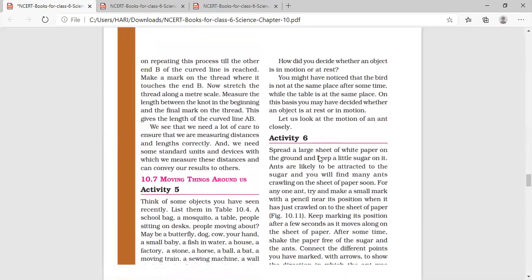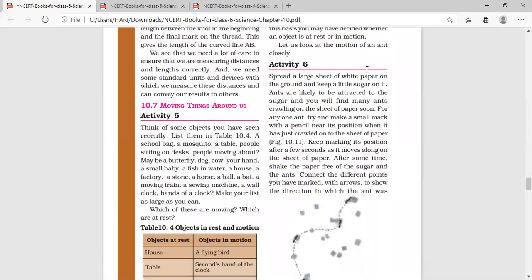Activity 6. Spread a large sheet of white paper on the ground and keep a little sugar on it. Ants are likely to be attracted to the sugar, and you will find many ants crawling on the sheet of paper soon. For any one ant, try and make a small mark with the pencil near its position when it has just crawled onto the sheet of paper.